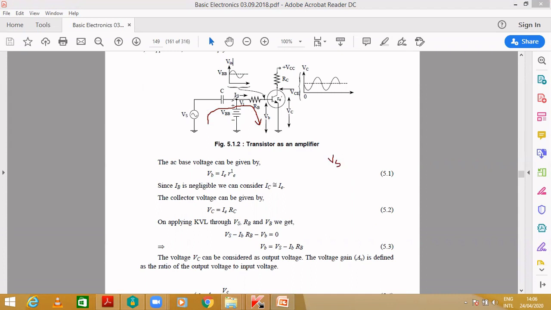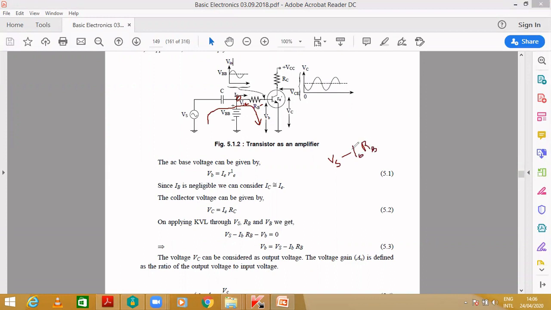So next it is going through this Rb. The entering point is positive and the leaving point is negative in the case of resistance. What is the current? It is small ib actually, because it is an AC current. It is going from plus to minus, hence it is ib Rb.